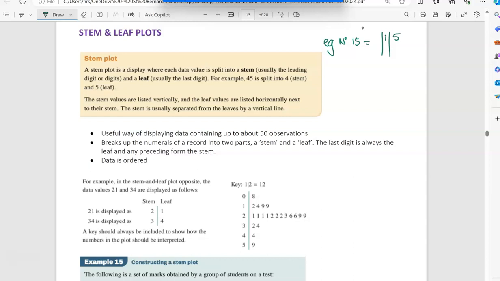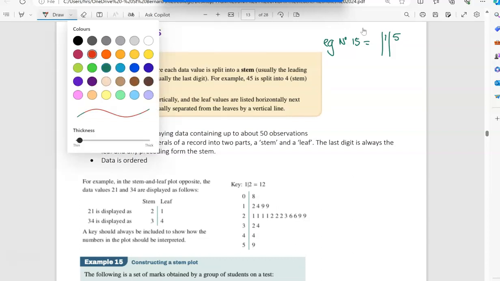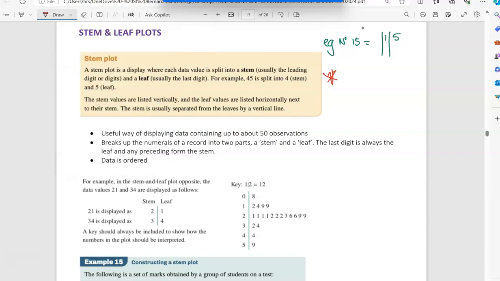You must always have a key to explain the number. So what I mean is, see how we say example 15 would be a 1 and a 5. That's a key.